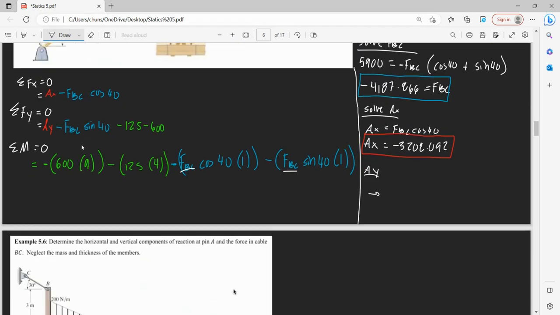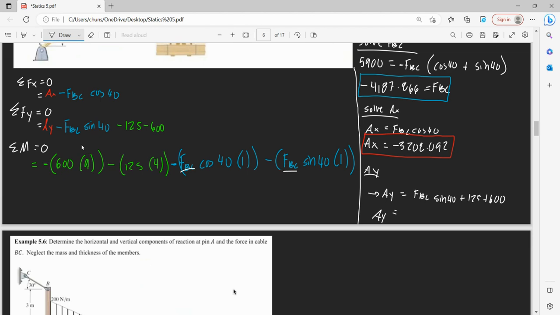AY is equal to FBC sine 40 plus 125 plus 600. So times sine 40.